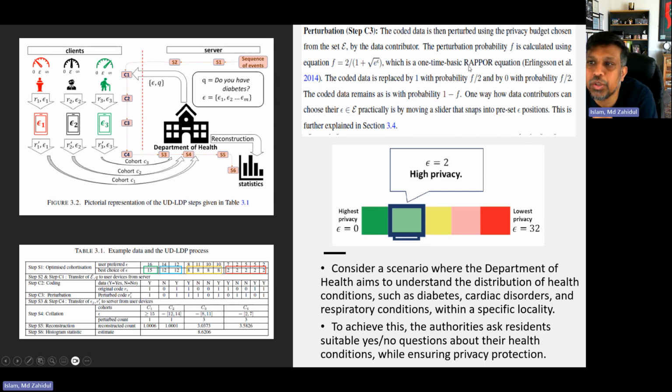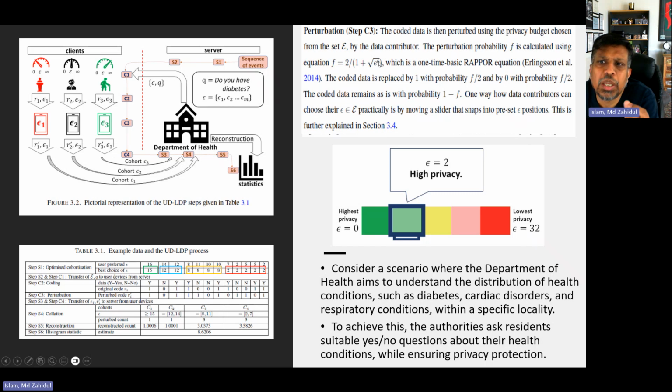In this example, we are using basic RAPPOR, but it is not the only technique that we could use. Basic RAPPOR provides local differential privacy. So according to that, the probability for data modification f is 2 over 1 plus the square root of e to the power epsilon.